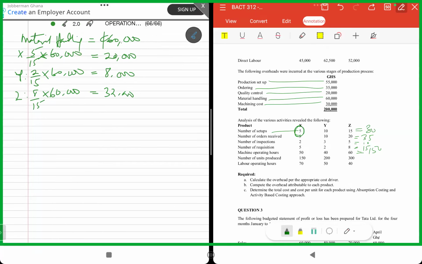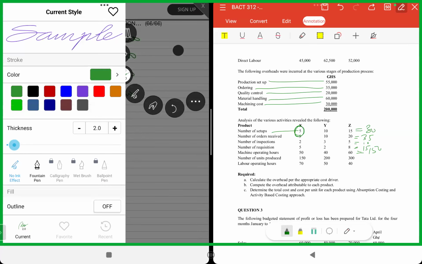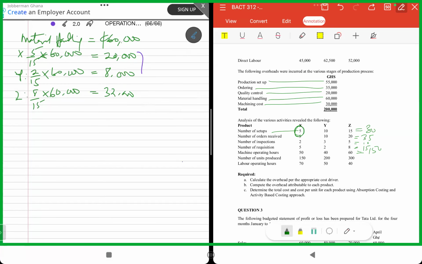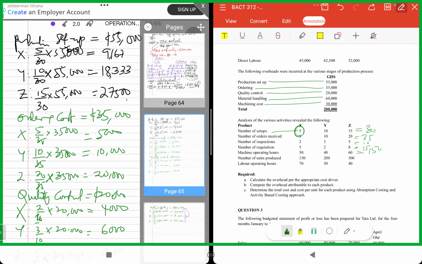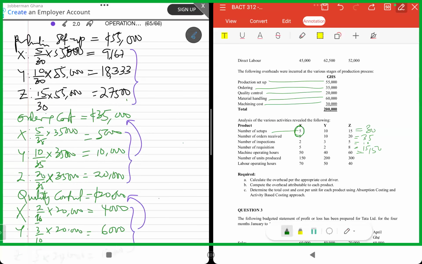But why are you saying no? Watch. When you add all these, it should give you 60,000. When you add all these, it gives you 55,000.